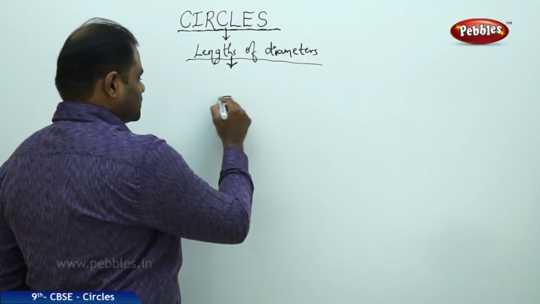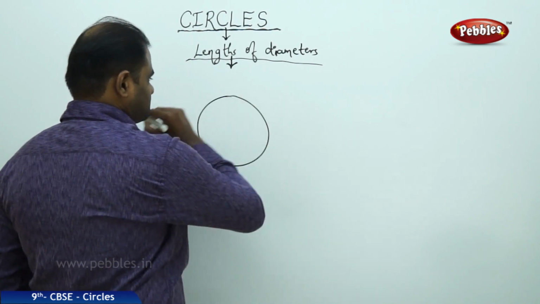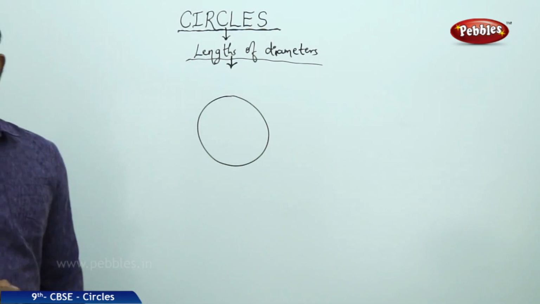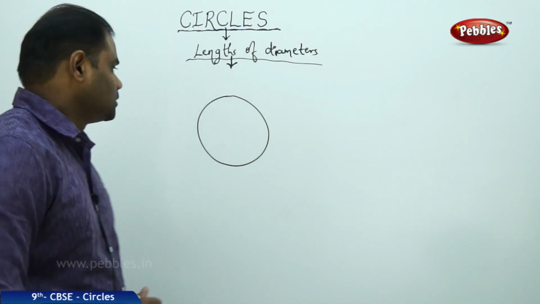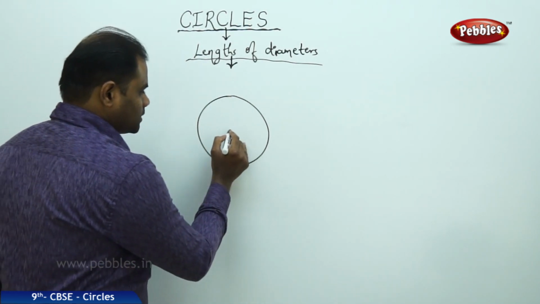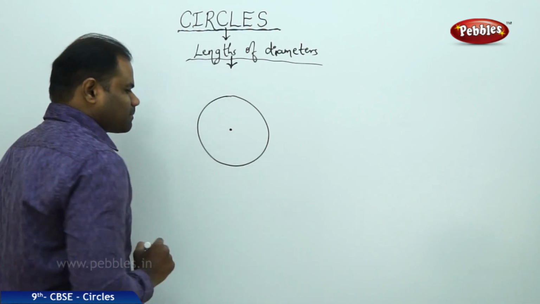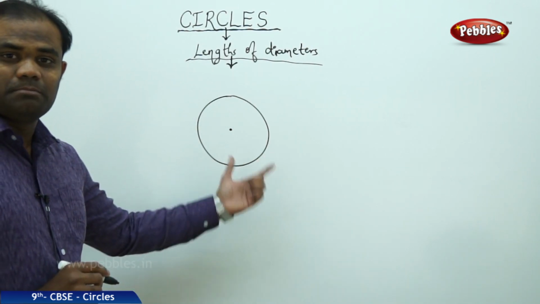Let me take a circle and consider two specific diameters for this circle. Since the circle has its center here, let me draw two diameters passing through the center.